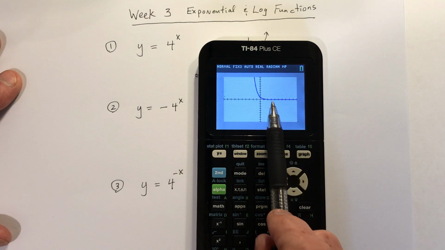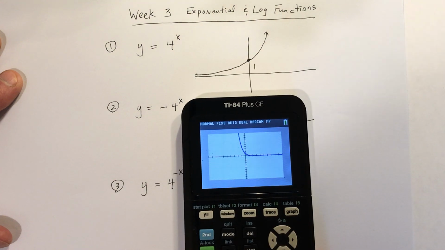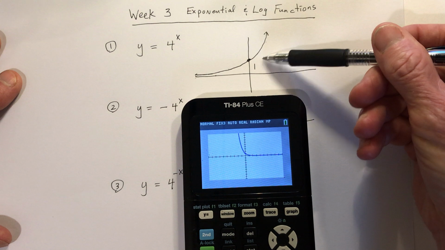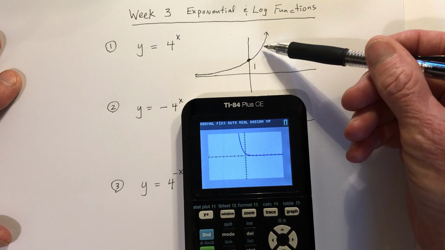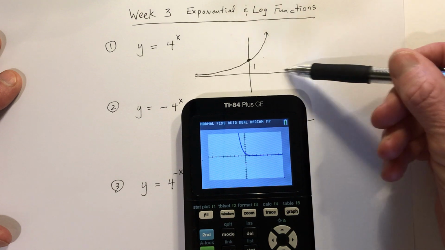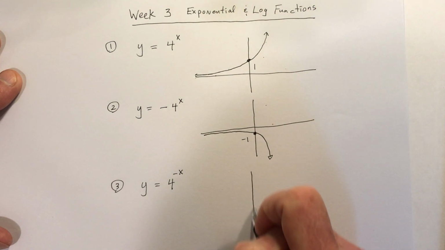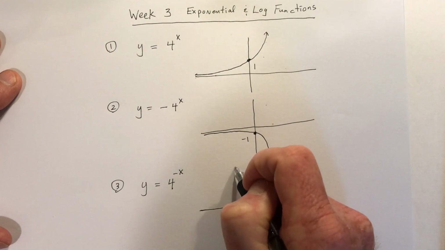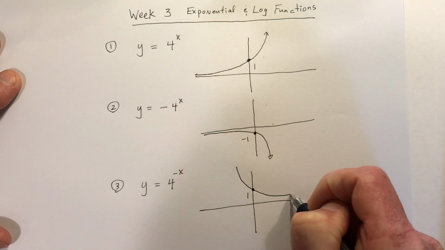So now it's basically switched. If you look at the original, so this is the original with 4 raised to the positive x, and basically it switched across the y-axis. So this got flipped over to here, this gets flipped over to there. And again, it's going to hit the y-axis at 1, and then it goes like this.